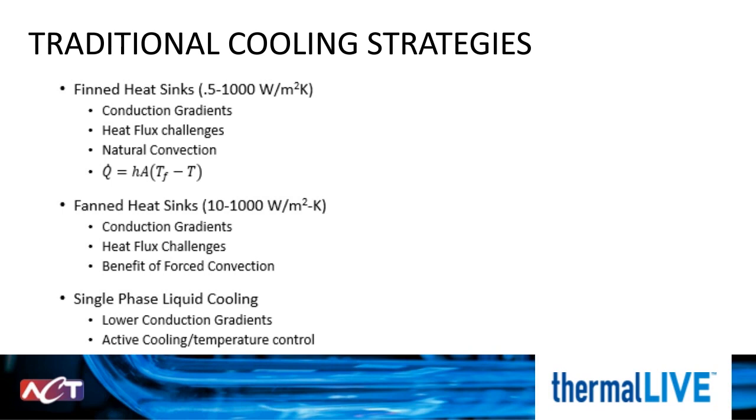A fanned heatsink still requires conduction for thermal spreading and will have conduction gradients determined by the selected material, but does utilize forced convection to ultimately remove the heat. The forced convection can occasionally overcome the challenges created by the thermal gradient. However, they are still limited by airflow and high heat fluxes.